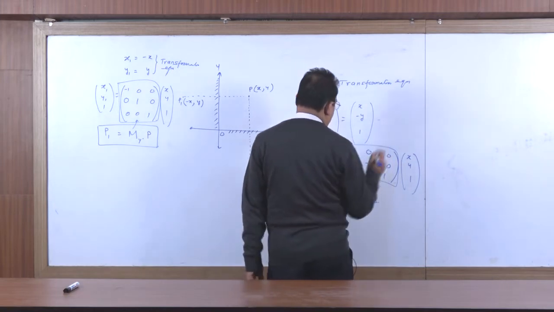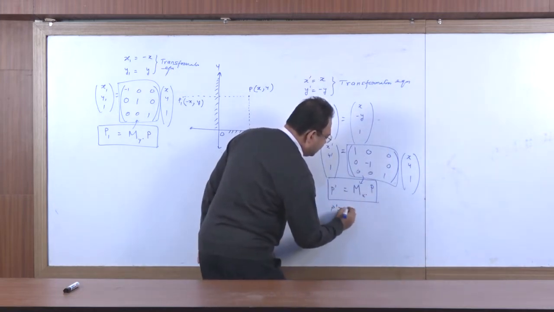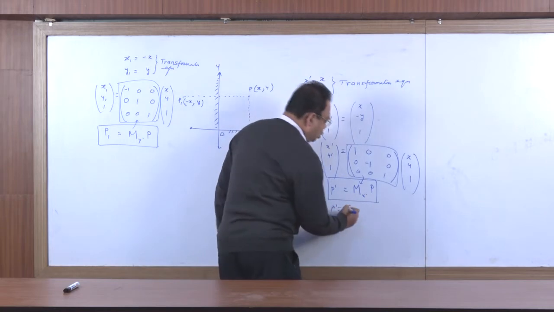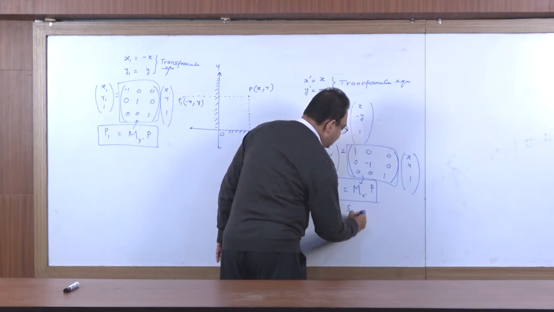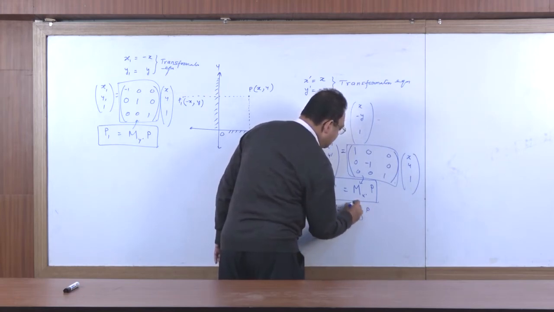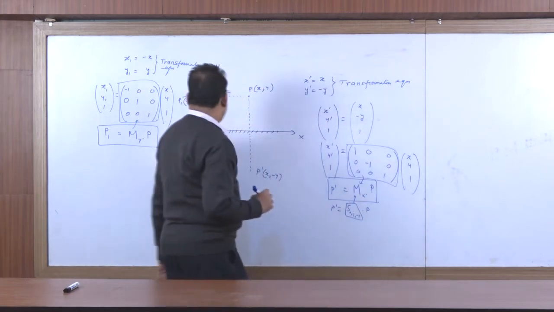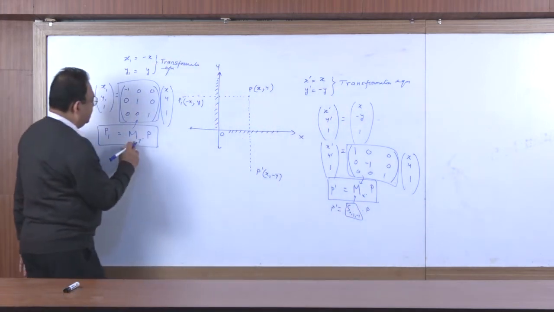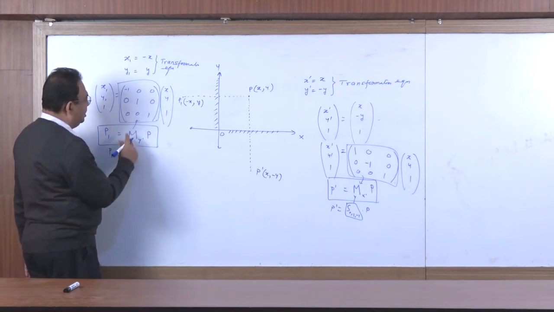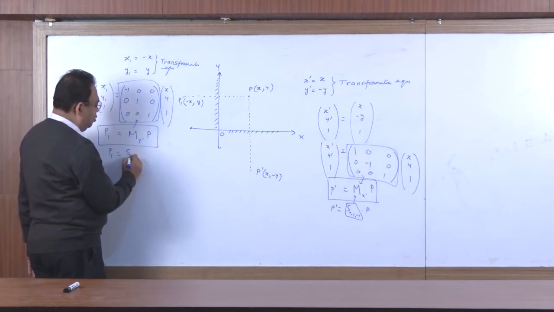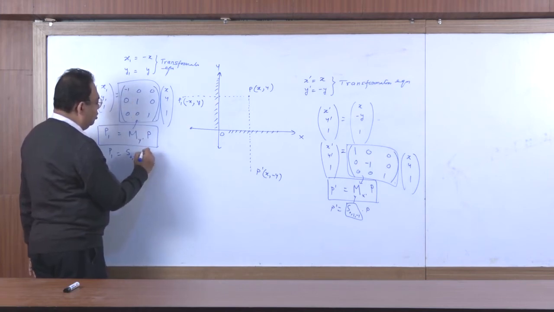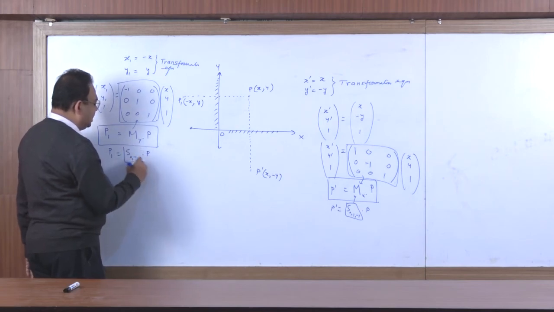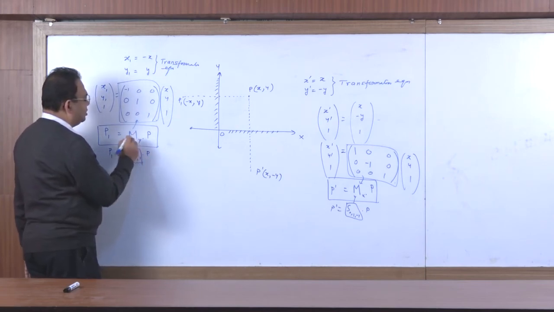In this case we can also say that P dash is the scaling operator S with respect to the origin, with scale factors 1 and minus 1, operated on P. So, this scaling operator is the same as this mirror reflection operator. Similarly, P1 is equal to scaling with respect to the origin with scale factors minus 1 and 1 operated on P. So, this scaling operator and this mirror reflection operator are the same.